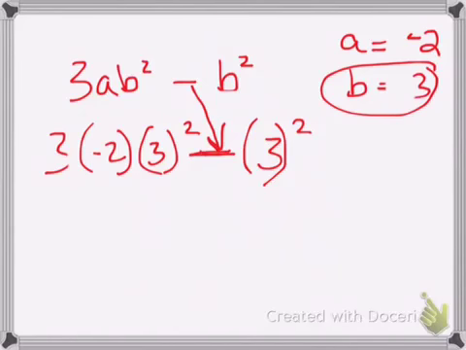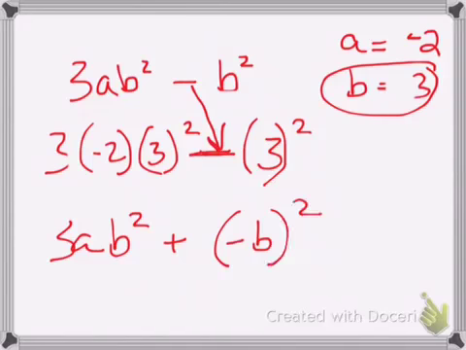Now, if I rewrote this problem as 3ab squared plus negative b squared, then I would be squaring negative b, which would be negative 3 in that case. I wanted to spend some time there because there's always confusion related to that. Where is the negative sign and what are we squaring?